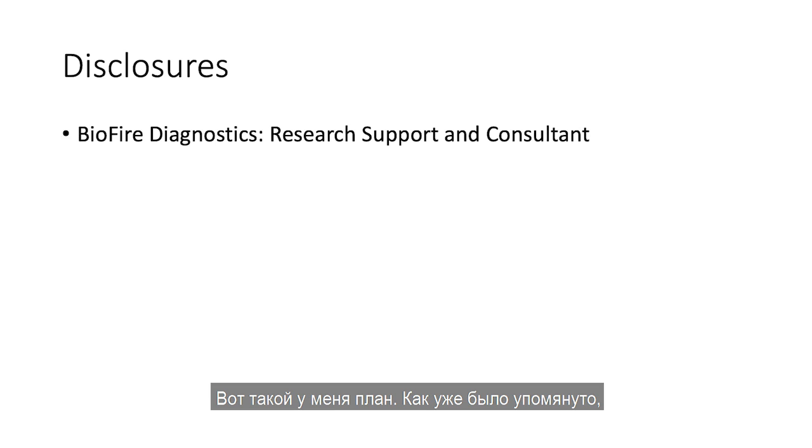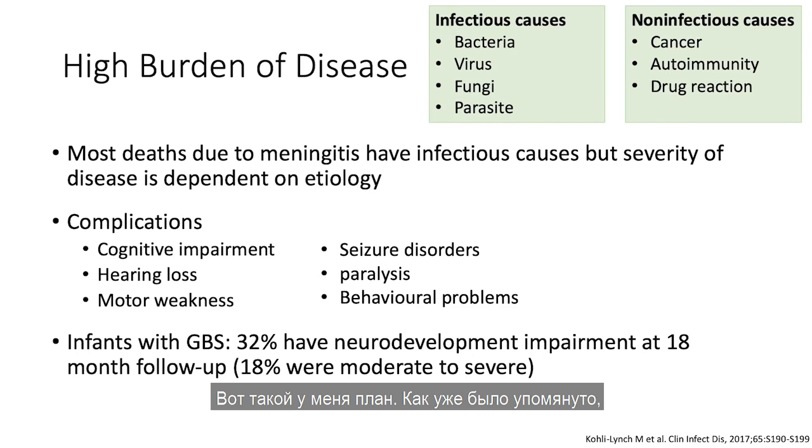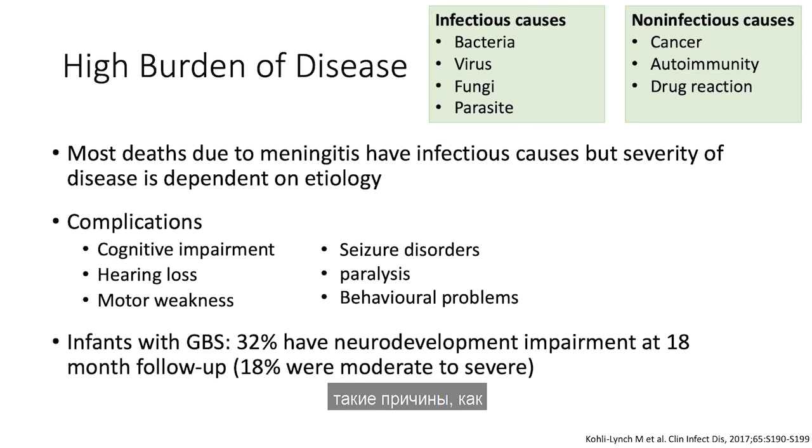As the previous speaker mentioned, meningitis and encephalitis is a significant cause of morbidity and mortality. There are infectious causes that include bacteria, viruses, fungus, and parasites, but there are also non-infectious causes, such as cancer and autoimmunity, where it's important to be able to rule out one versus the other.